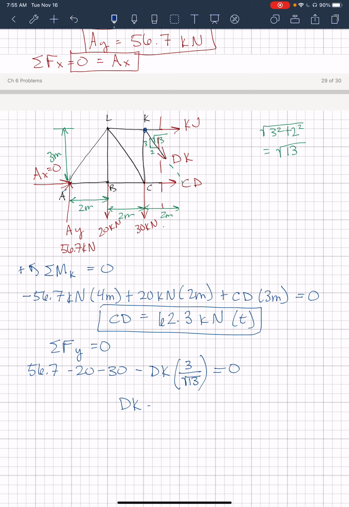So DK equals 8.0 kilonewtons. And we got positive also, so it is in tension.